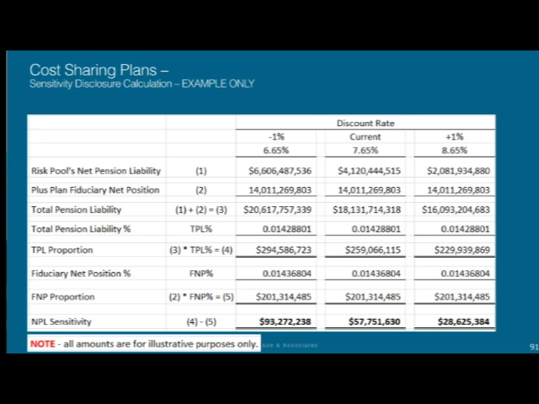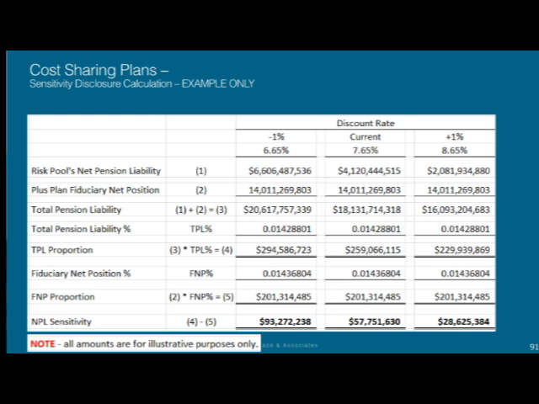Then you take your percentage of the fiduciary net position. This one's complex, you thought the other ones were hard. So that's your percentage of this number, again San Leandro, to come up with the fiduciary net position proportion in dollars. And then you recalculate the net pension liability.